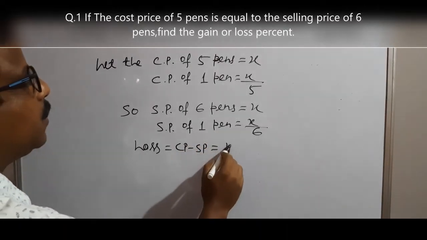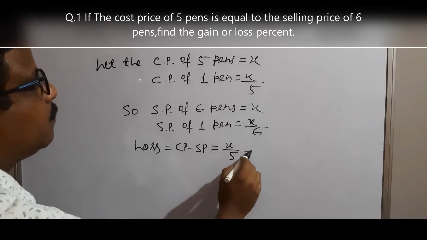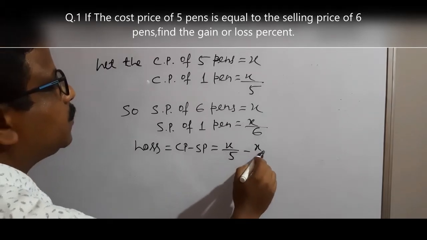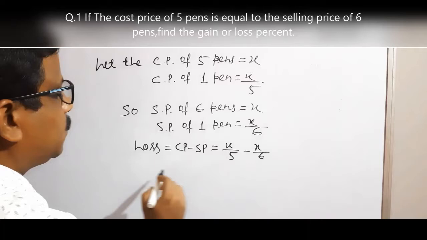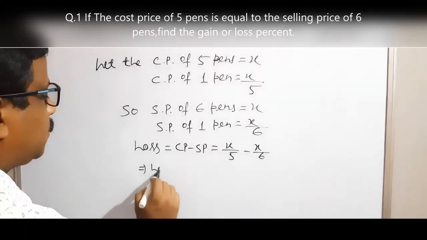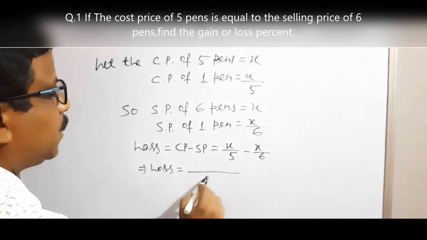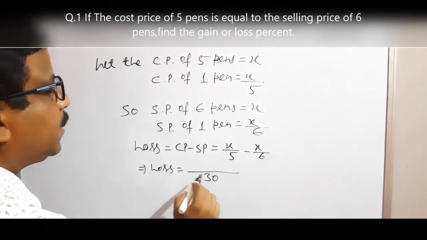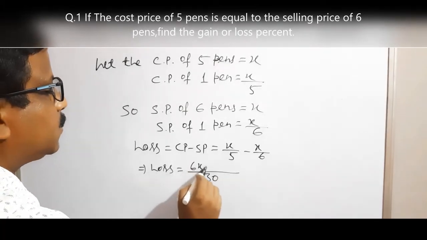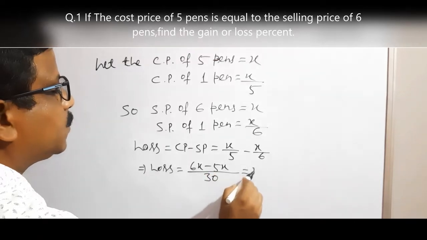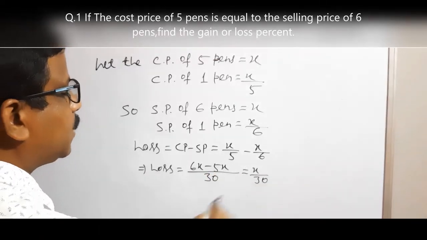CP is X by 5 minus SP is X by 6. So loss is equal to, LCM of 5 and 6 is 30, here 6X minus 5X, so X by 30.